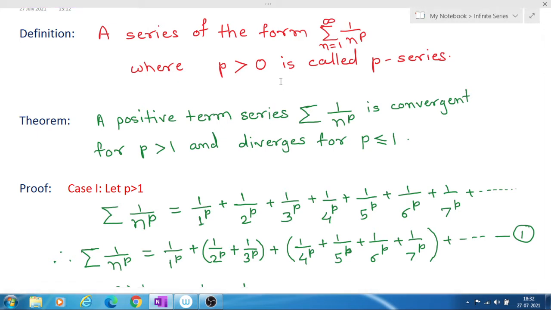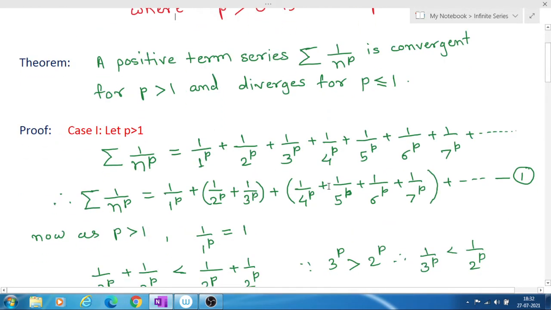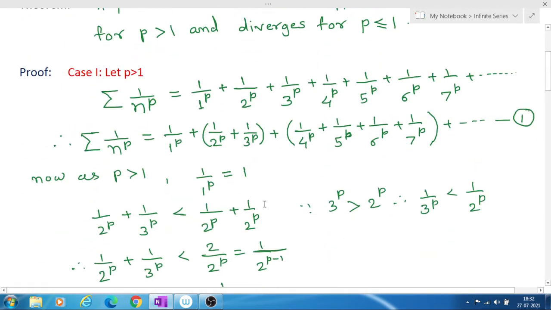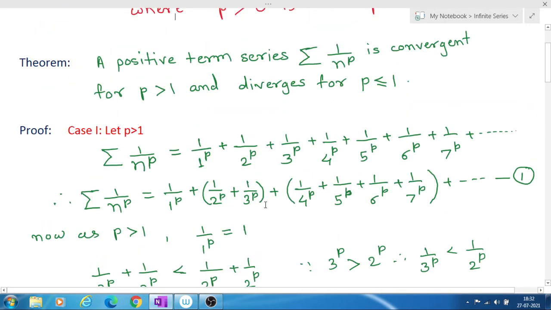So we have to prove this theorem. There are three cases: p greater than 1, p equal to 1 and p less than 1. Let us see the first case, that is p greater than 1.